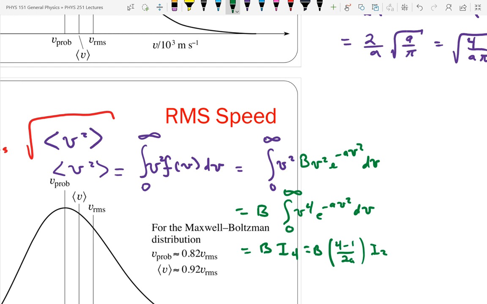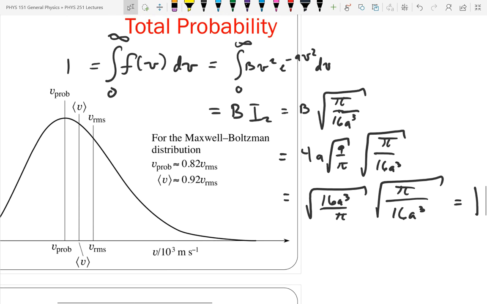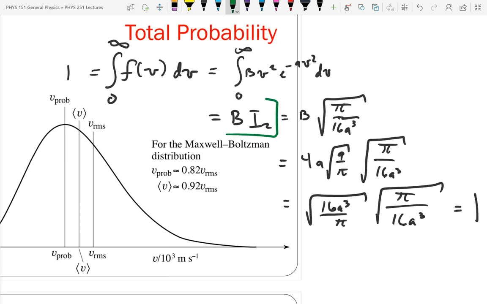Now, I'm going to do something you might consider cheating, but it makes my life happier. We started with the normalization, that is, making sure the integral over all space was 1. And when we did that, we got b I2. So we had 1 equals b I2.